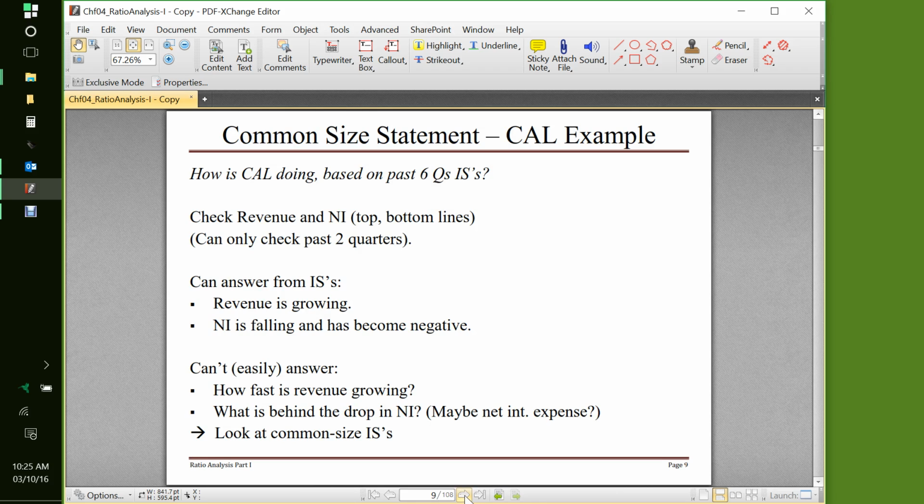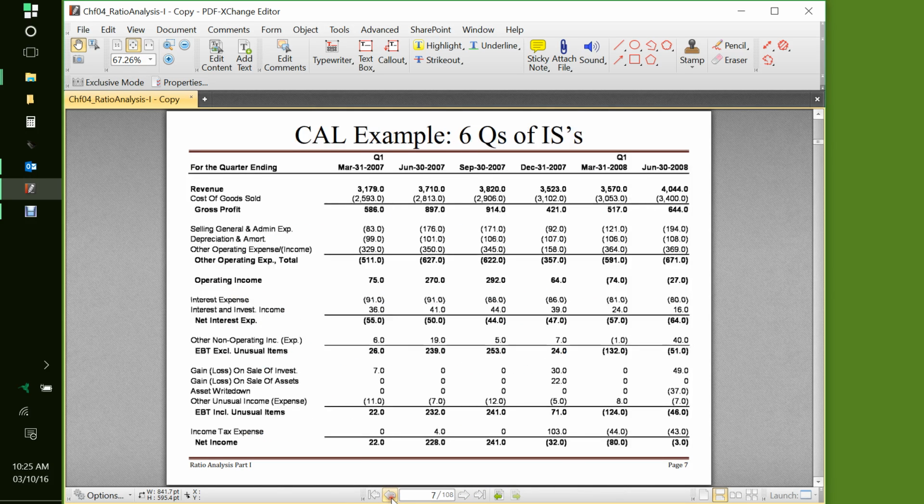And so now what we could do, I'm going to alert you, I'm going to jump around a little bit. If we wanted to use the common size income statement method for looking at Continental's results, what we'd like to do is morph this set of 6 income statements, one income statement per column.